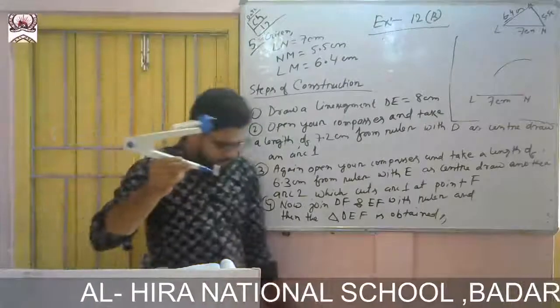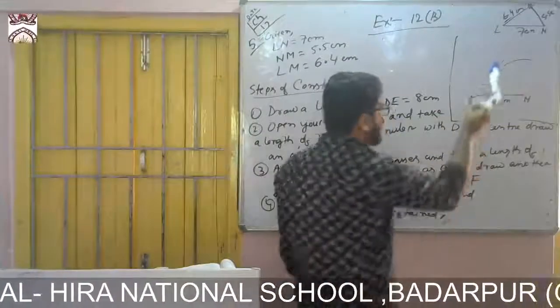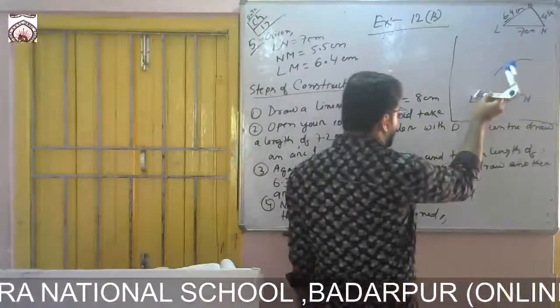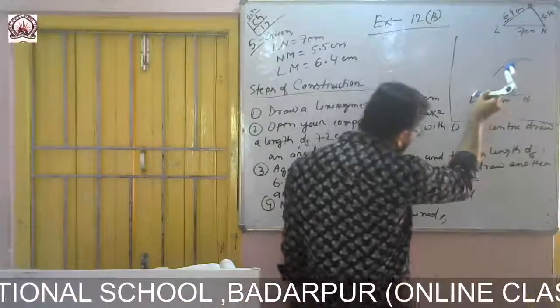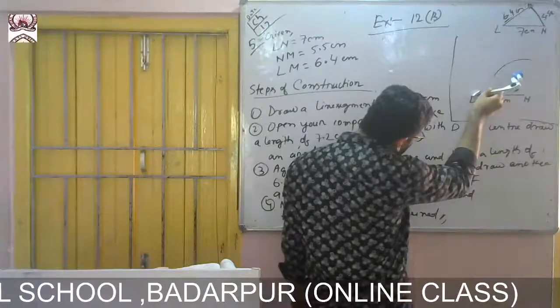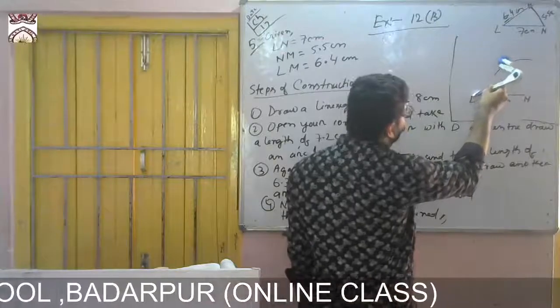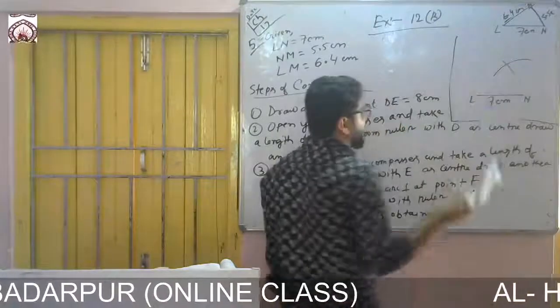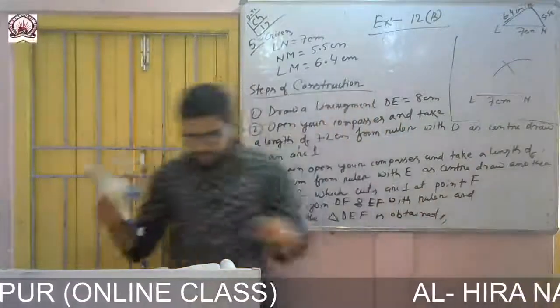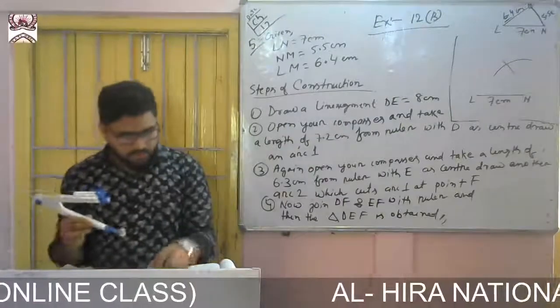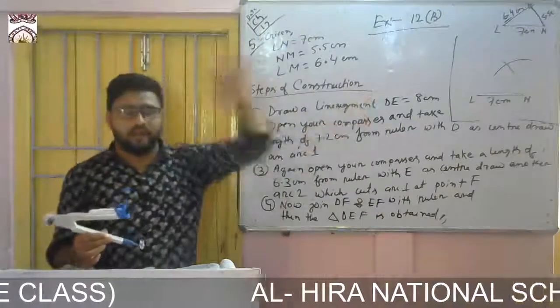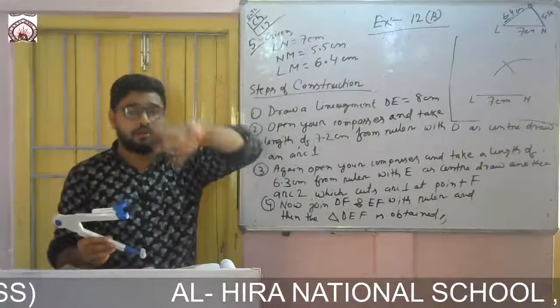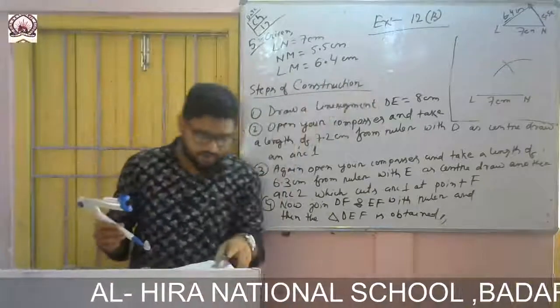So from this, put your compass needle at L and draw. My point of intersection and your point of intersection will not match. Your one will be correct, my one will not be correct.